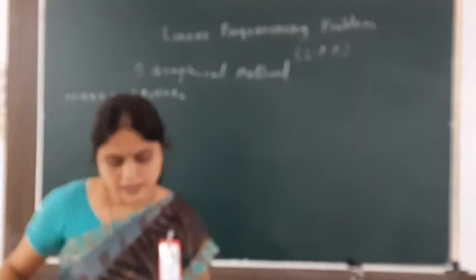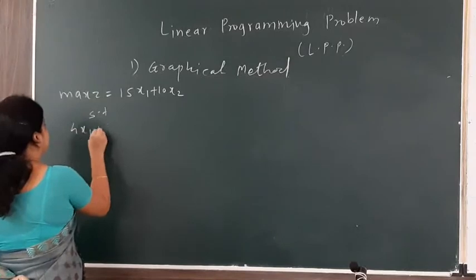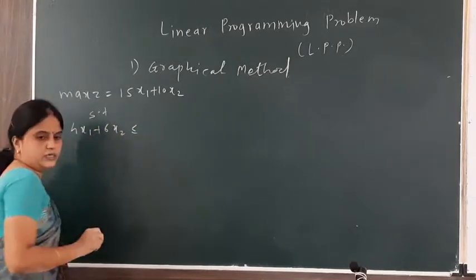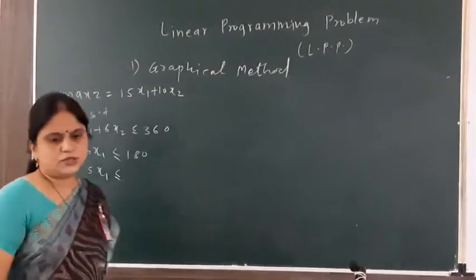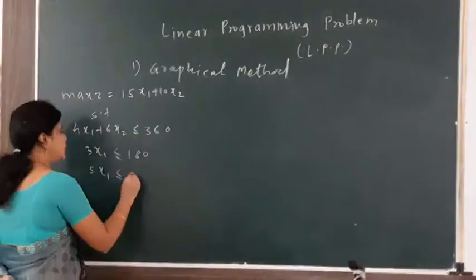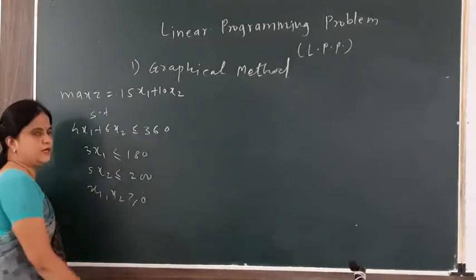The constraints are 4x1 plus 6x2 less than or equal to 360, then 3x1 less than or equal to 180, and next 5x2 less than or equal to 200. Here it is not x1, the problem is of x2. And x1, x2 greater than or equal to 0. So we solve this LPP by using the graphical method. Here the restriction is that we have only two variables.